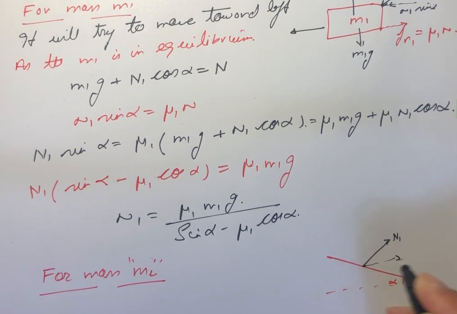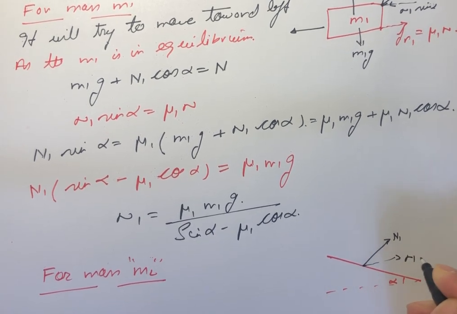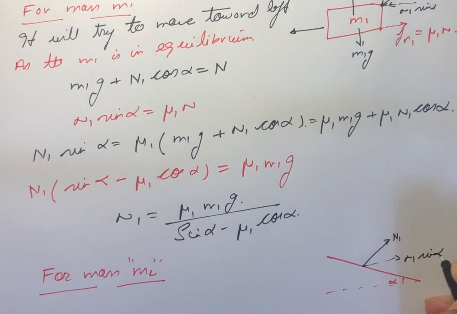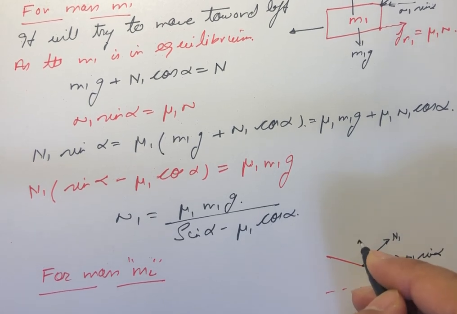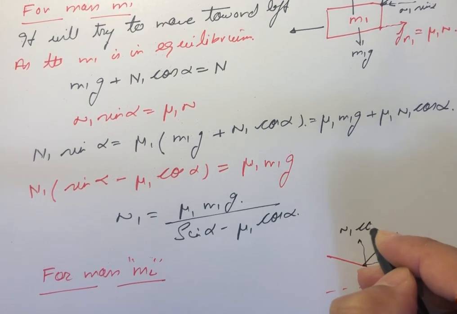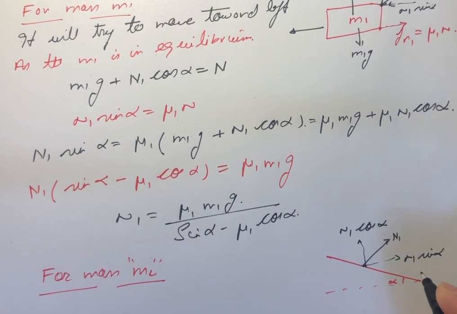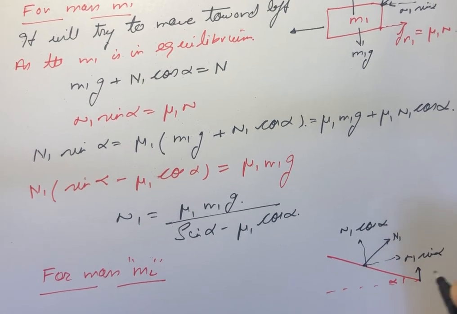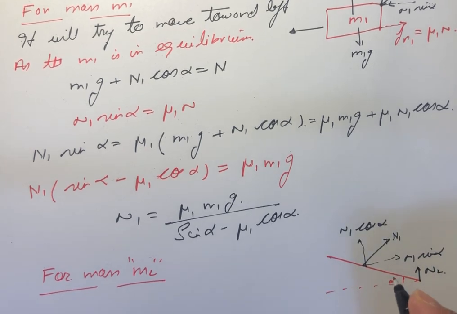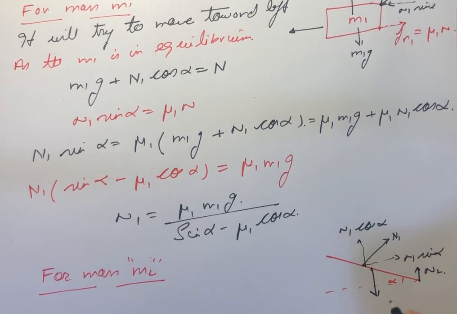So we can divide it in two components. One will be n1 sin alpha and another one will be n1 cos alpha, and here will also be a normal. Let us call that n2. In the downward direction we are going to have m2g. These will be various forces.